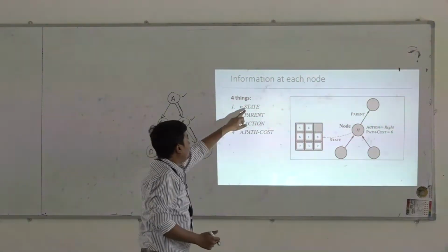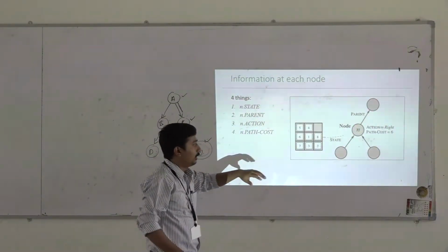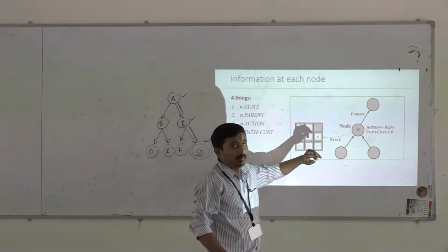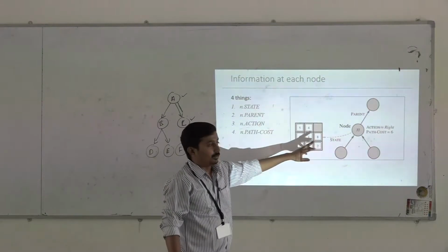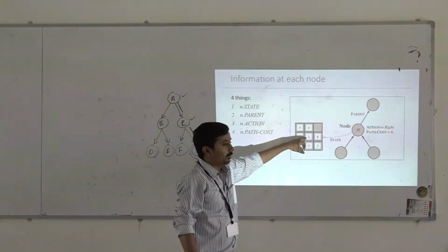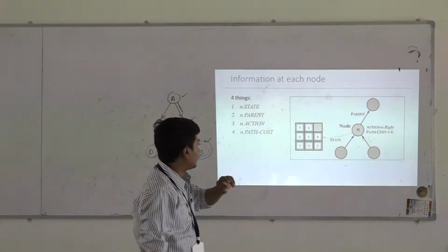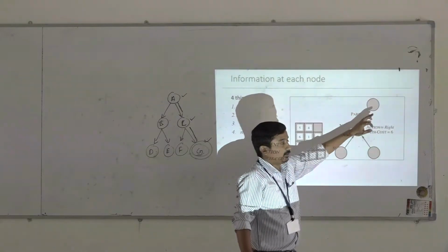So what information is required? We need state information. This is an example of the 8 puzzle problem. Suppose we are talking about this node n. What is the state of this n? This is the current state of n. With this state information, we can apply the goal test, right? Who is the parent of this node? That is also important.